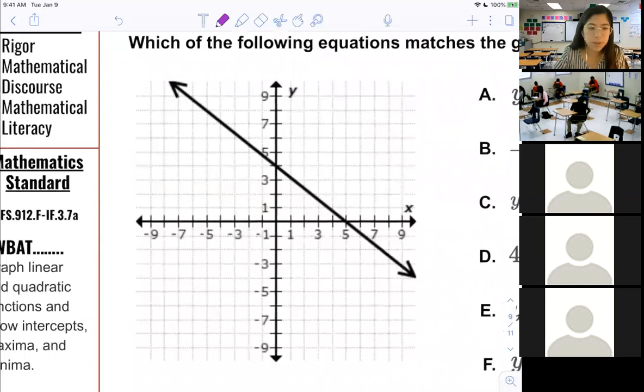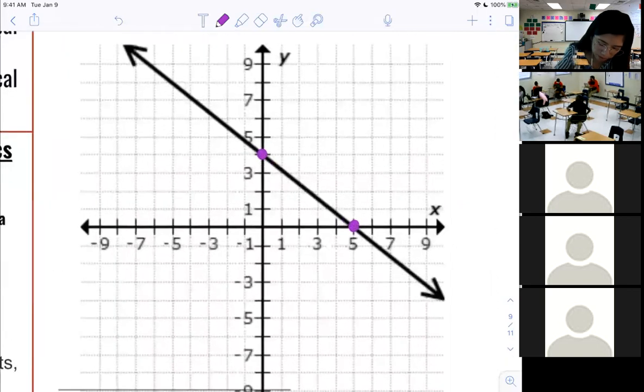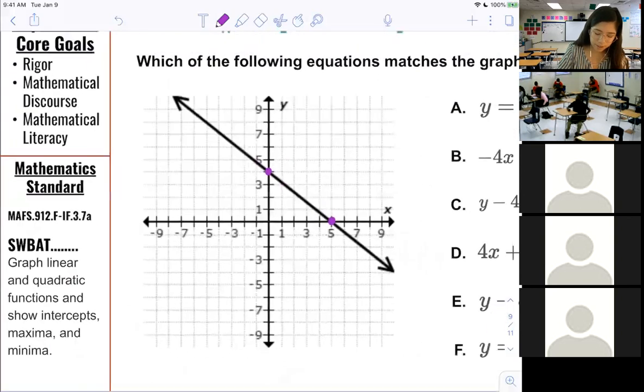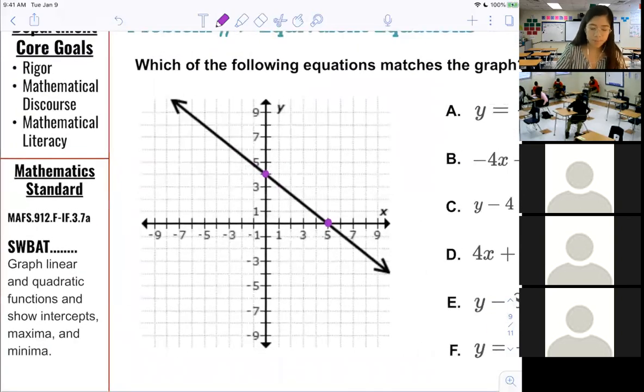What are 2 perfect points I can choose on this graph? 0, 4, and 5, 0. 5, 0 is good. 1, 3 is actually, if you zoom in close enough, a little bit above it, not a perfect point. So that one looks like it is, but it's actually not. So these 2 are good.